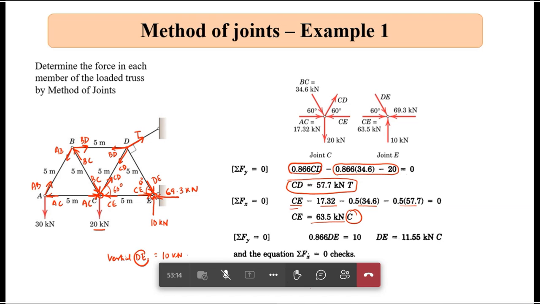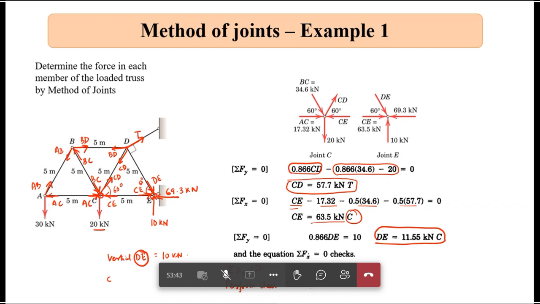From that I can easily find out force in member DE, and my assumed direction is compression. Now, just for checking, you can take summation Fx equal to 0. This is to perform a check.